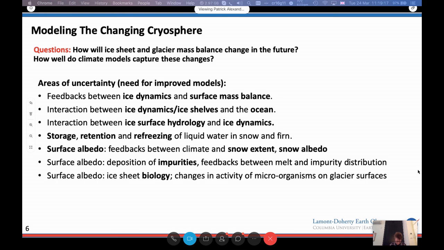Some of these include the feedbacks between ice dynamics and surface mass balance. As the climate changes, the ice flow will change, the surface elevation of the ice sheets will change, and that can change the climate at the surface, and therefore the surface mass balance itself.